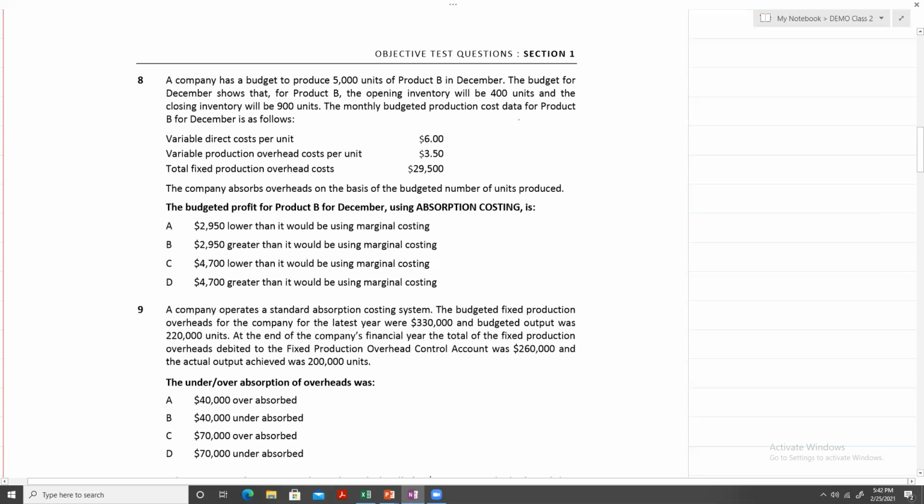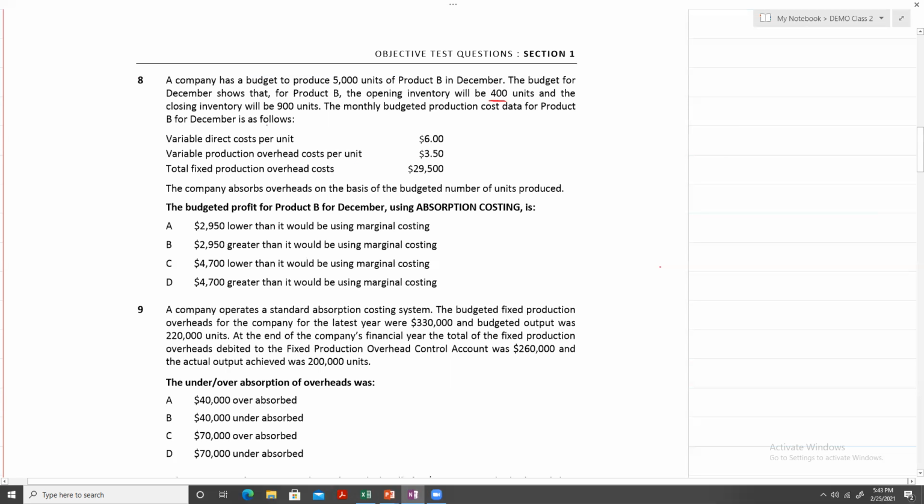The monthly budgeted production cost data for product B for December is as follows. Here we are given the variable costs per unit, the variable production overheads per unit, and the total fixed production overhead costs. You need to remember that the difference in profit arises because of the change in inventory level.